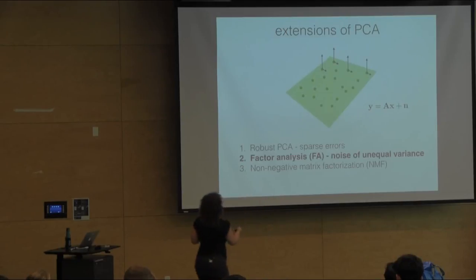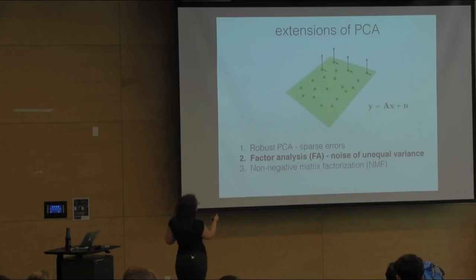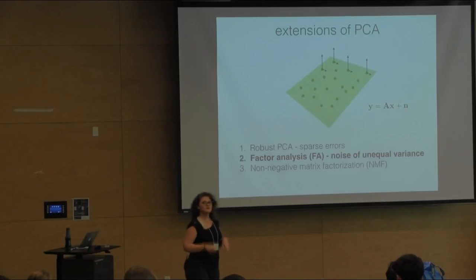This allows us to still fit a model even if we have different amounts of noise added to different coordinates of each of the points that we're trying to reduce the dimensionality on. I show that here, in the sense that the noise perturbation could be very large in one direction and perhaps small in another. So factor analysis is the right thing to do when you have noise of unequal variance.